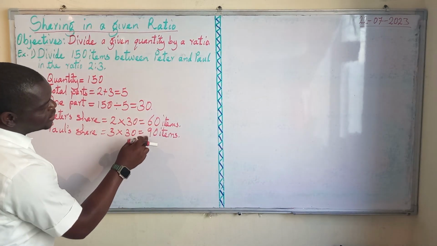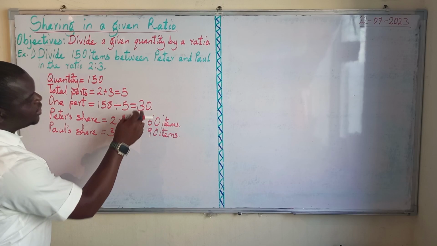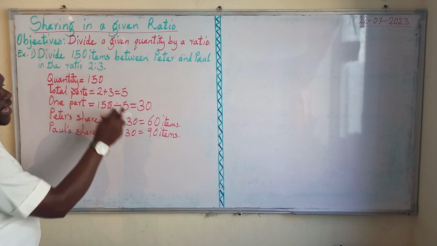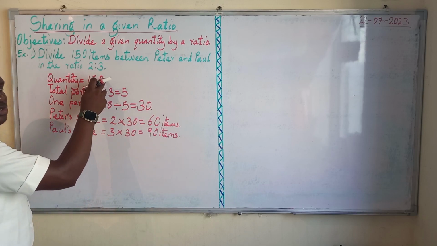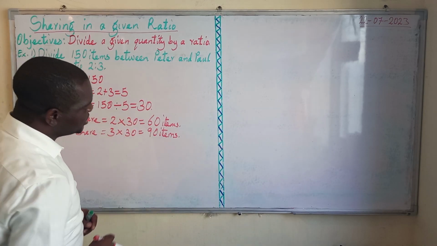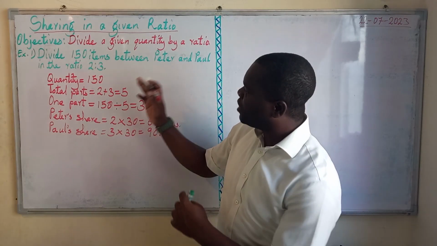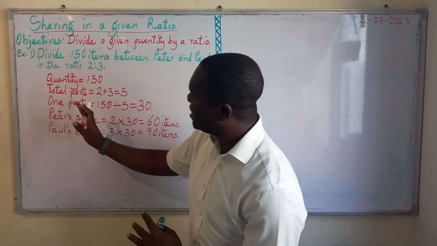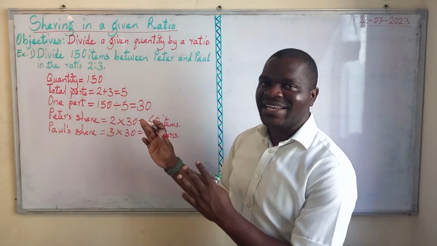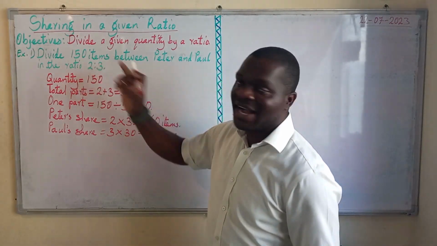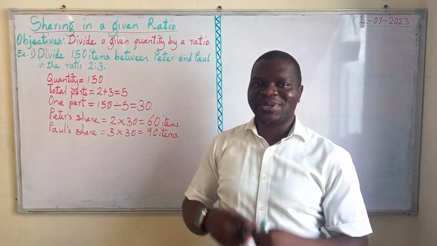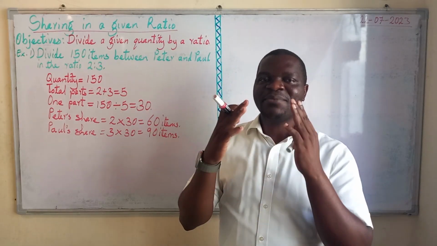If you add these two shares, you're going to come back to the total. And if you do that and it gives you the total, it means your calculation is correct. This is the first method you can use to calculate the number of items each person had as far as their shares are concerned. If this is understood, then we can look at the second method.